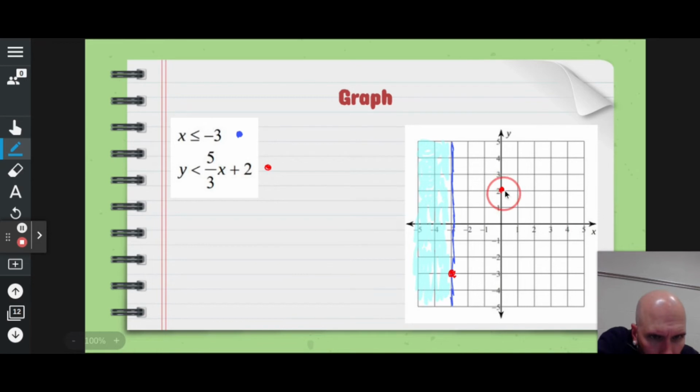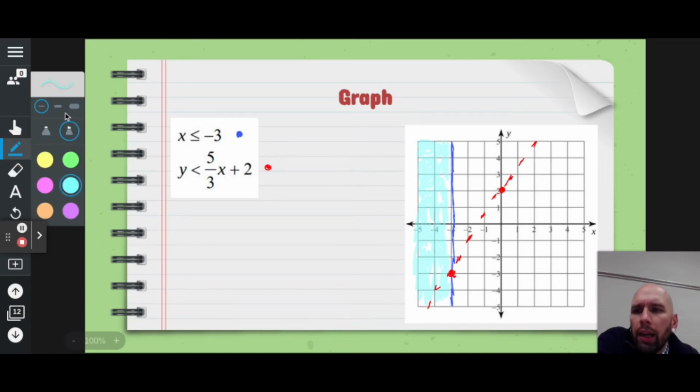So these are the only 2 dots that I can use, and it's going to be a dashed line. So something that looks like that. This is less than. So I'm shading underneath the red line. Underneath the red line. Okay. So there.